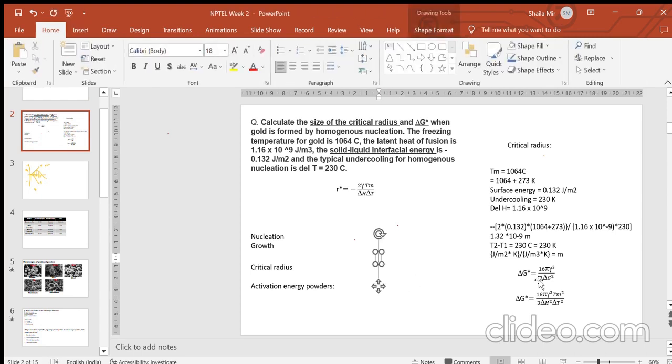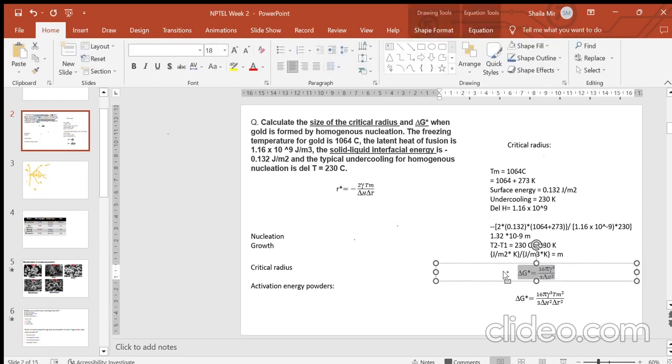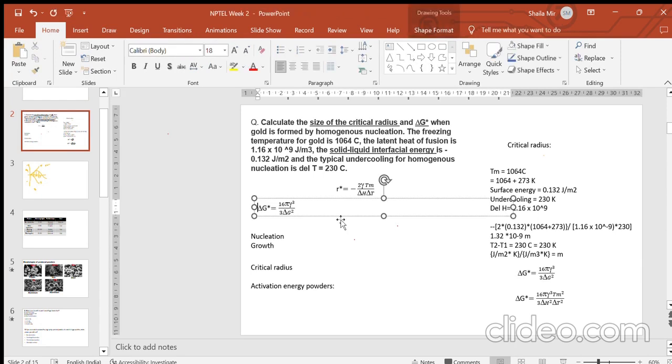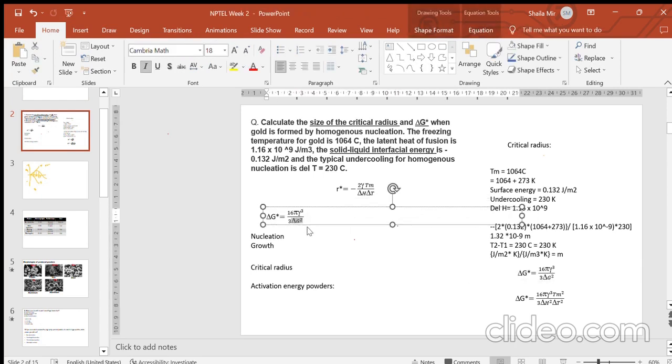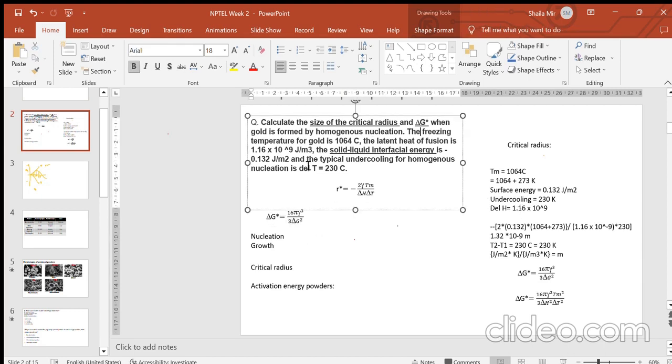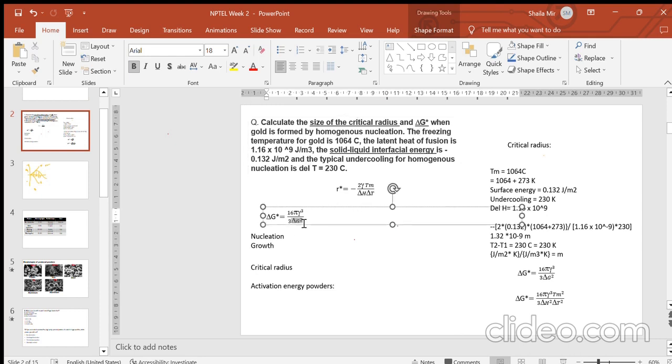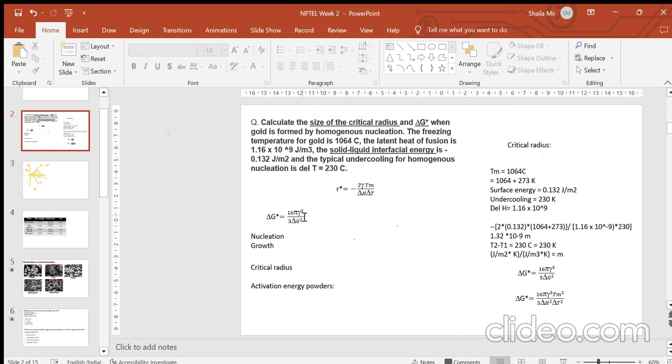What we try to do is take this equation and convert this delta GV, because we do not have any data related to the volume free energy. We have data related to the latent heat of fusion and surface energy. So we have to convert this delta G. How will we do it?